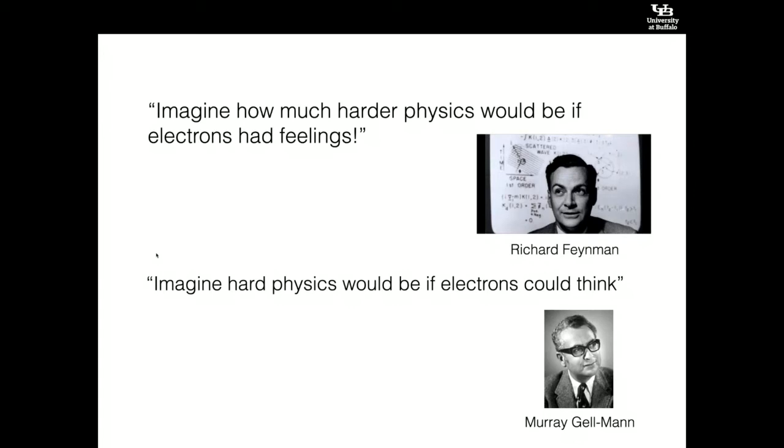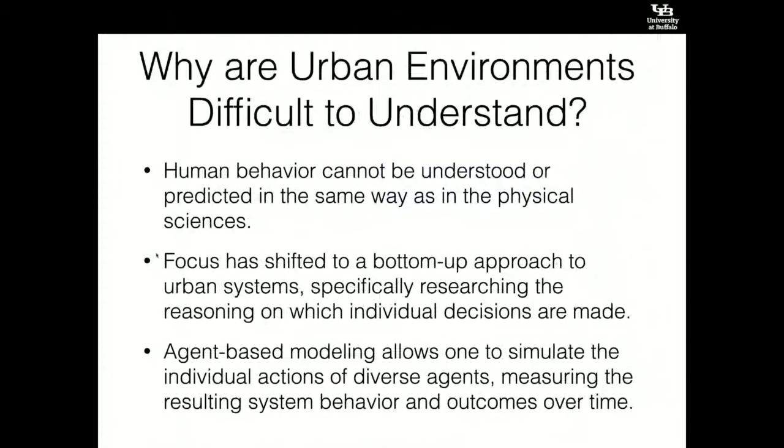These two quotes from two Nobel laureates in physics roughly say the same thing: imagine how physics would be if electrons had feelings, or if electrons could think. And this is a challenge. People do not behave like in the physical sciences. So I think the challenge is trying to understand people in these systems.